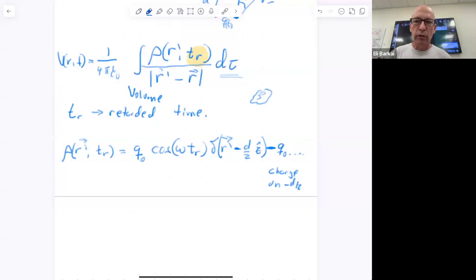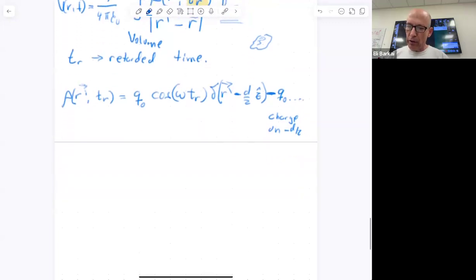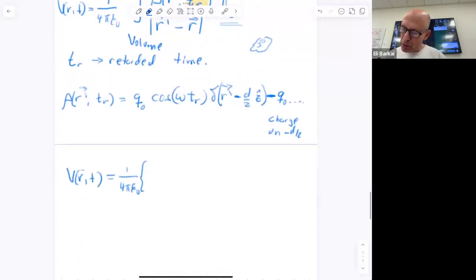Even I can do integrations over delta functions. I'll just give you the answer after integrating the delta functions, and then we will discuss this solution. The potential that depends on where you are in space and on time is 1 over 4 pi epsilon 0. It's going to be a long expression, but not too long.